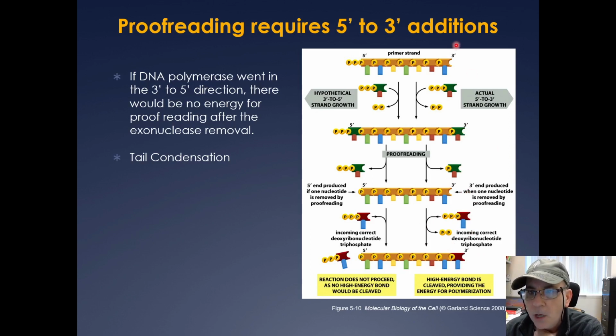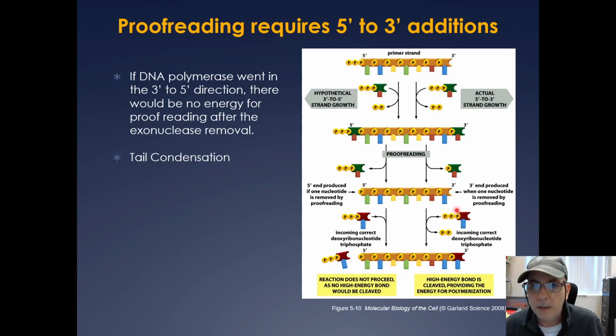So once again, you need to be going in the 5' to 3' direction for the proofreading activity. I hope this makes sense. Once again, understanding the directionality of DNA and why DNA is copied in this manner is really important for you guys to know, so make sure you understand it.